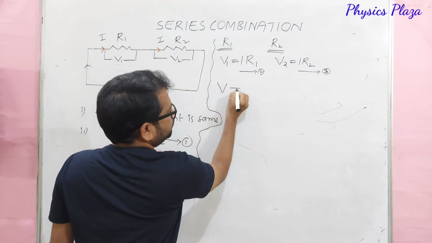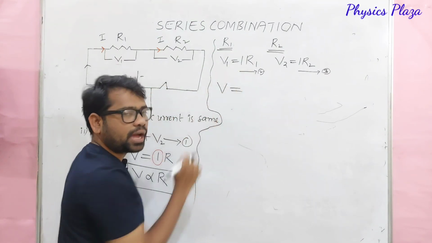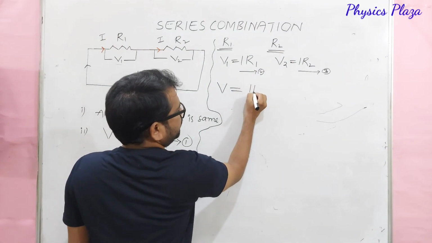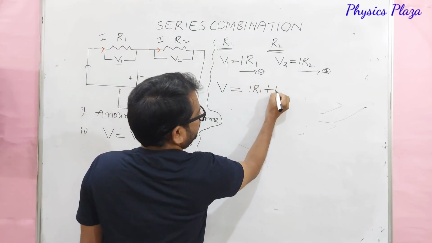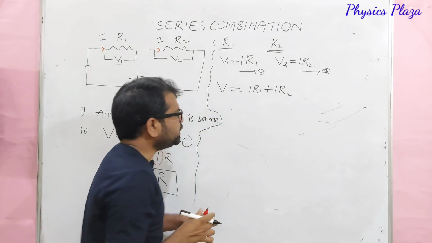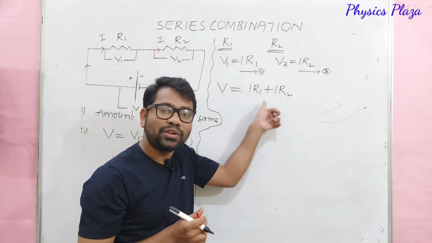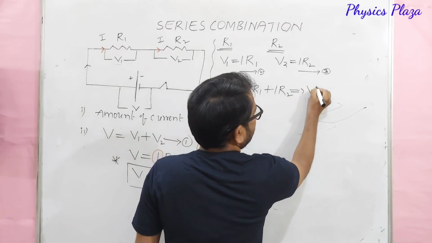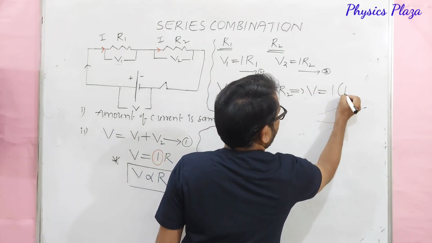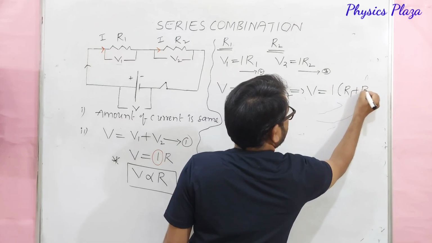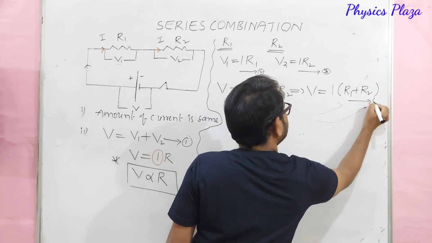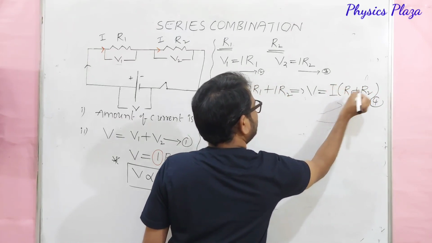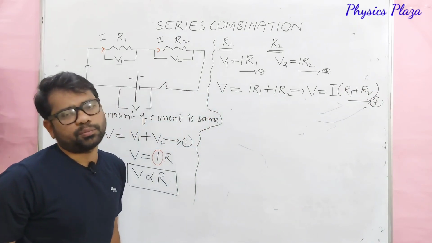V is equal to, in the place of V1 we can write IR1, that is IR1 plus IR2. Children, in this we can take I as common. When you take I as common, we get V is equal to I of R1 plus R2. Let us say it is equation 4.